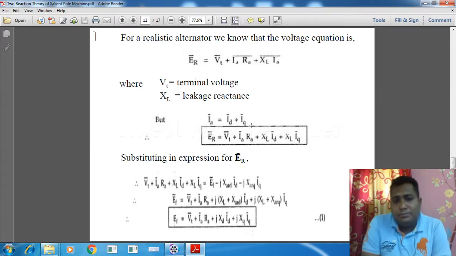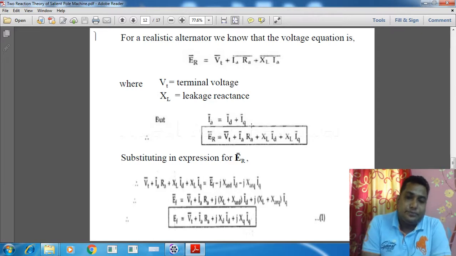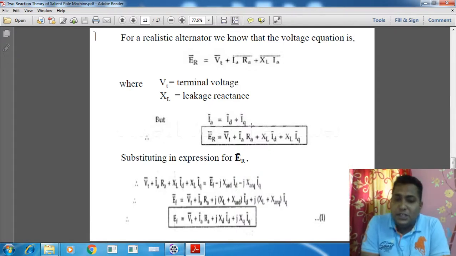So the above equation, Vt plus Ia Ra plus j XL into Ia, can be rewritten this way, as Ia, the armature current, is the summation of two components, the direct axis current and the quadrature axis current. So Er can be rewritten as Vt plus Ia Ra plus j XL Id plus j XL Iq.